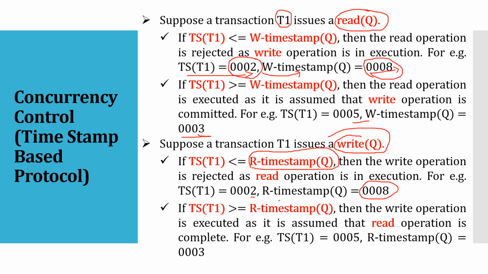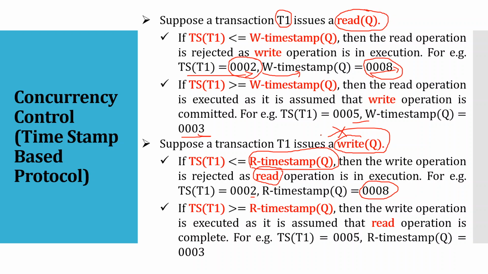So this condition is true. Then the write operation will be rejected because some transactions are already reading this data item. If you want to update the data, you need to wait till the transactions complete reading the data item. So the transaction will be rejected.